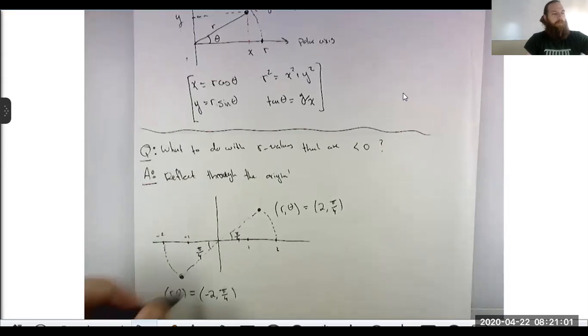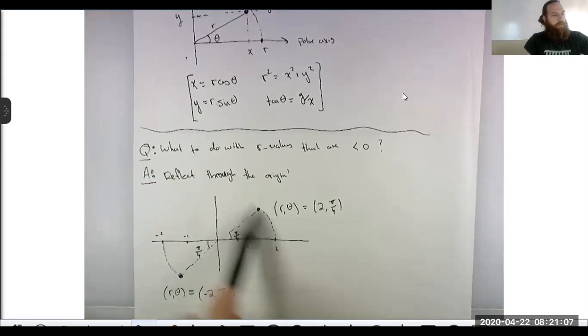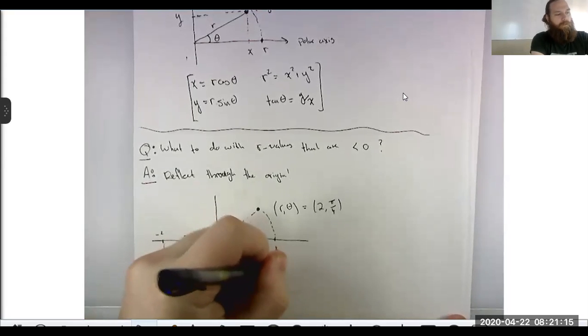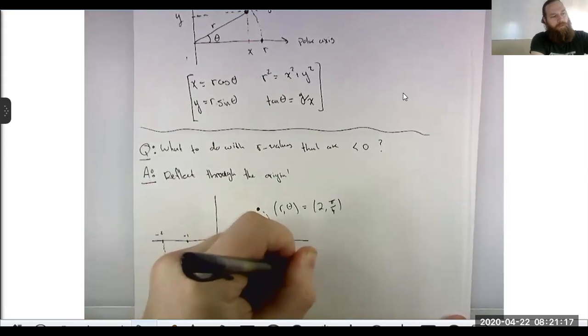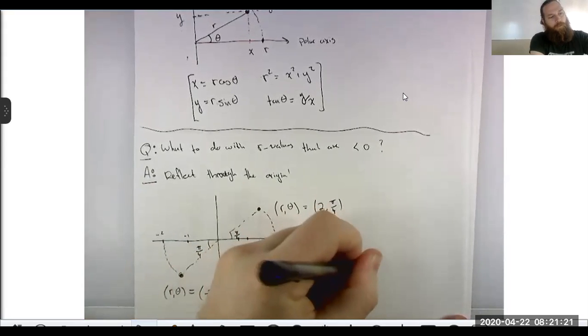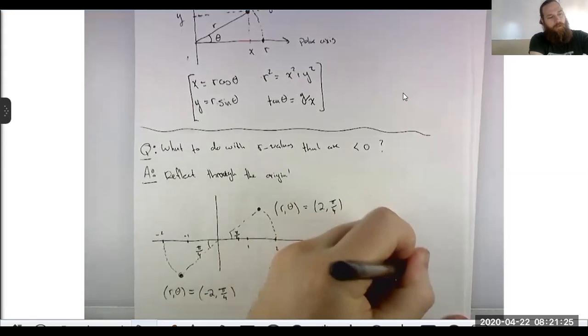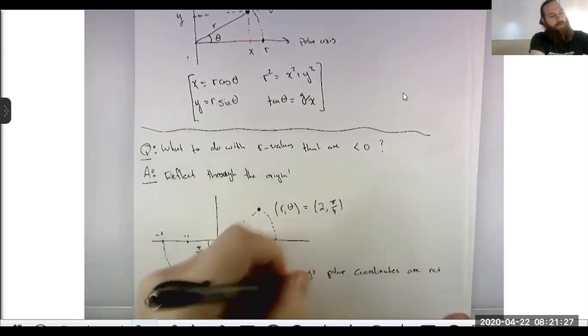Another way I could describe this point down here, the -2 comma pi over 4 point, is as +2 comma 5 pi over 4. So there's kind of two ways that polar coordinates are not unique.